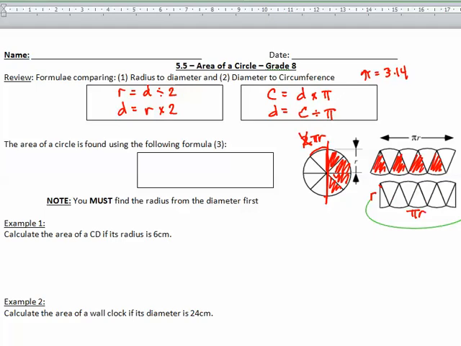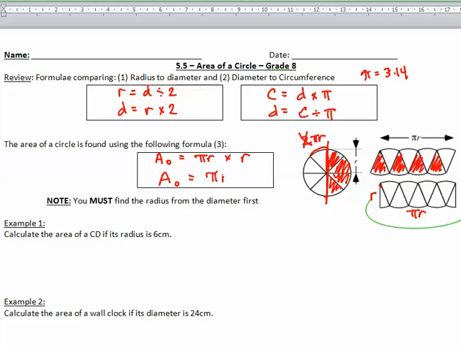So therefore, the approximate area would be length times width, so the area of this circle is length, which is pi times r, pi r, and then times the height, or the width, which is r in this case. So pi r times r. Well, r times r, we remember in chapter 1, something times itself is itself squared.